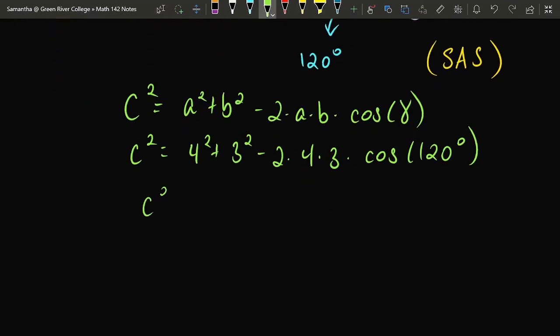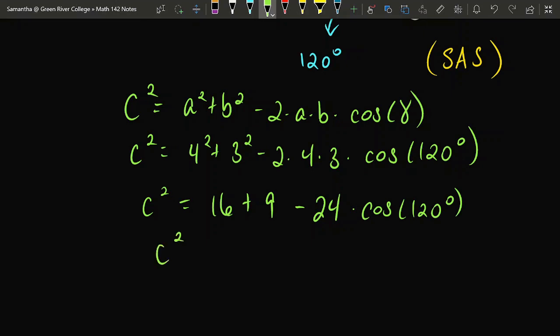So C squared is equal to 16 plus 9 minus what looks like 24 multiplied by cosine of 120 degrees. So let's quickly get a decimal approximation for this value.